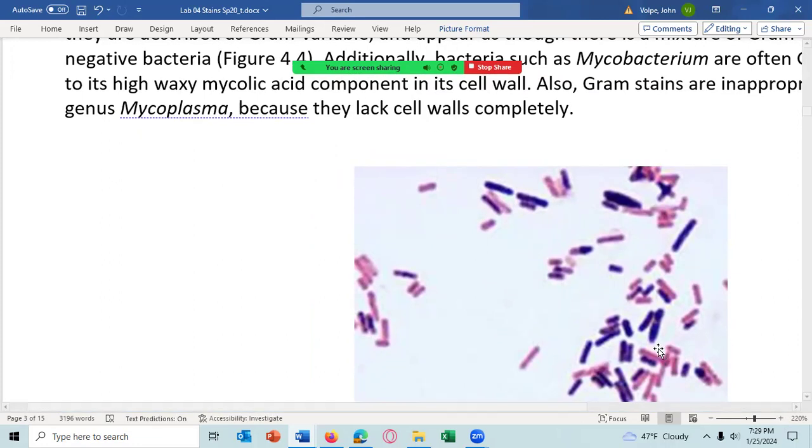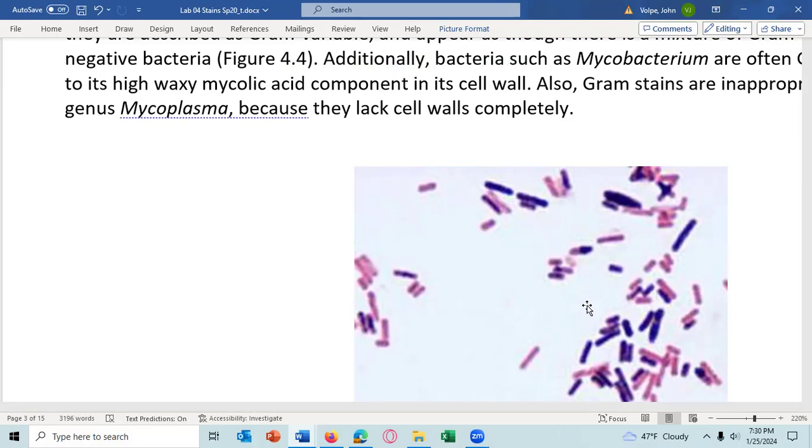And the reason why these cells are staining variable, meaning some gram-negative and others gram-positive, is because this is an old culture of cells. If you use the gram stain, you should only use it on cells which are 2 days old or less.